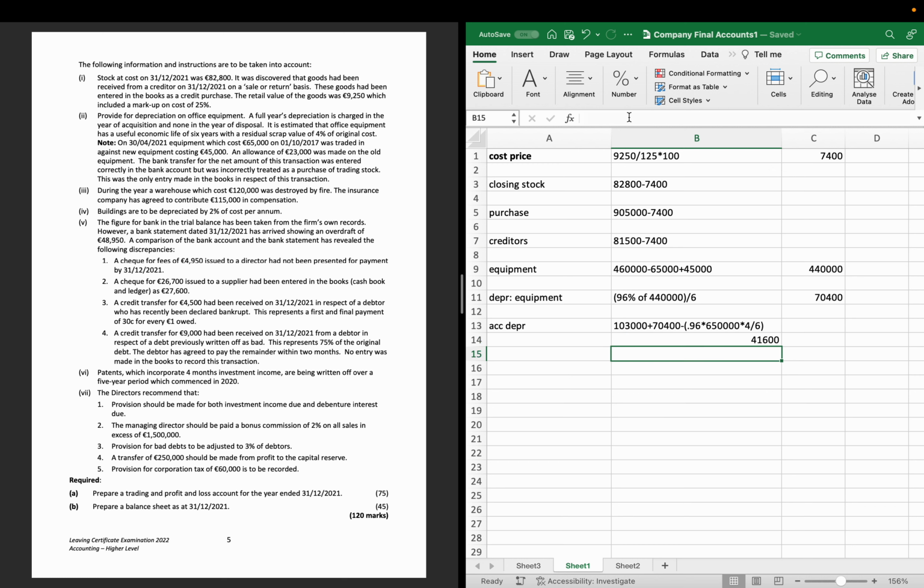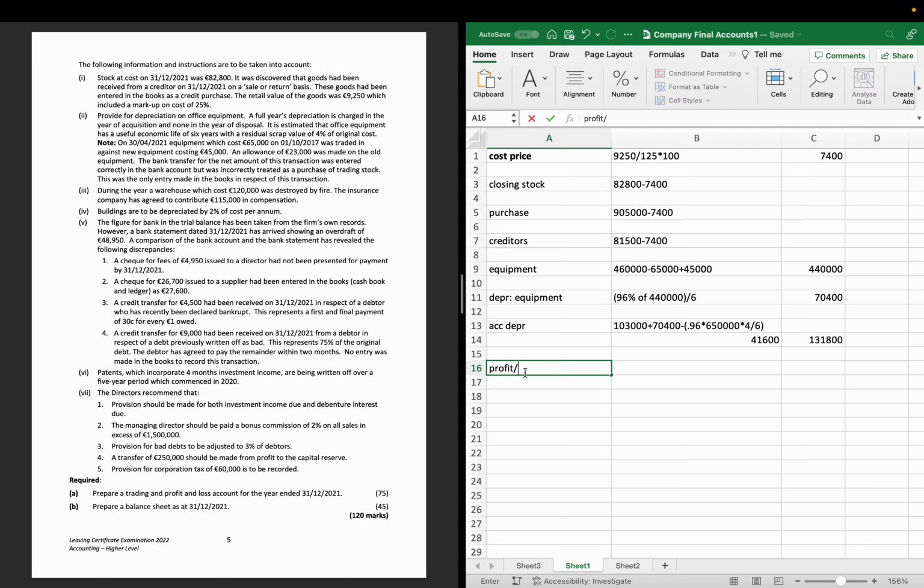So that's 41,600 gets taken away. So 4 years depreciation. So I'll just work that out. So 131,800. All right, and as always, you have a profit or loss in the sale of the van.